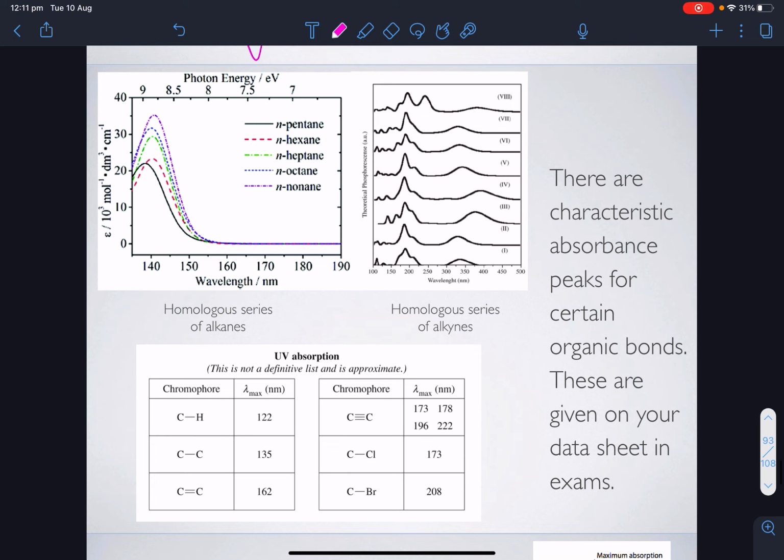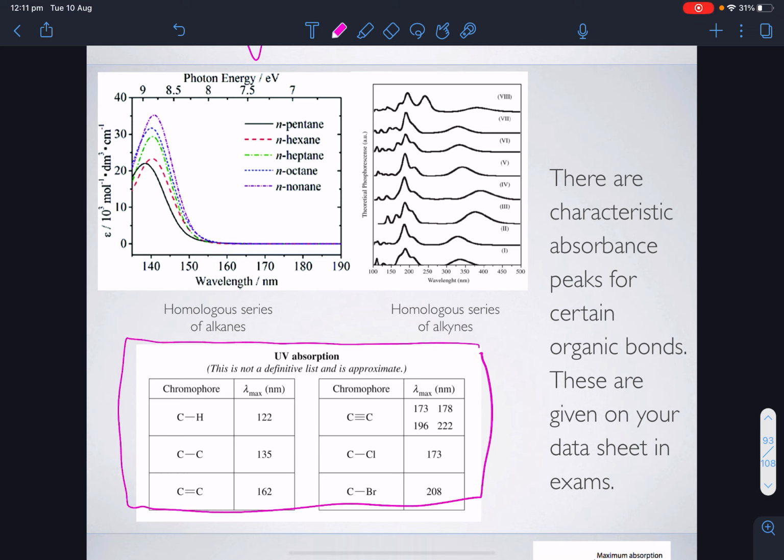So these peaks, where they occur, it's not really predictable. And this is a bit with a lot of knowledge, but that's way beyond us. It is way beyond us, but NESA has decided that they're going to put this information in our data sheet.